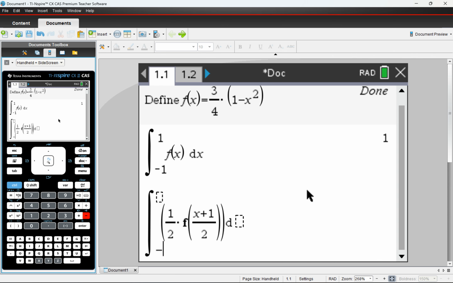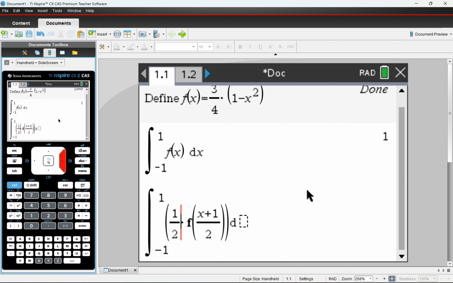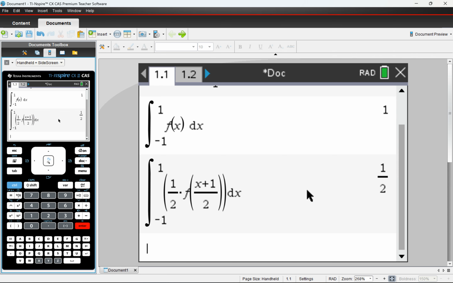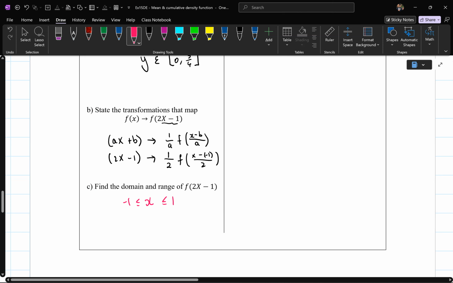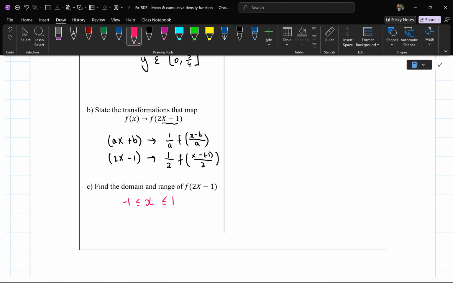See, the problem is if I go from negative 1 to 1, you don't get 1. So we need to change the domain now. How do you work out the domain? Anyone have a clue? You find when the integral equals 1, so you can trial and error, or?